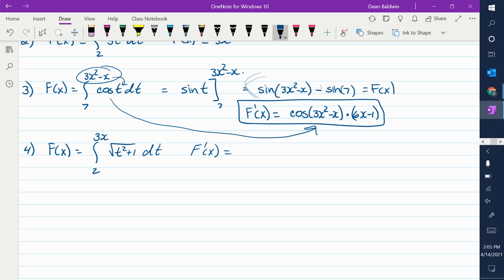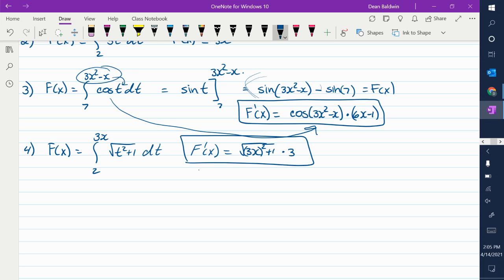What do you do? Three x goes in for your t. And then what do you have to remember to multiply by? 3, the derivative of 3x, which is just 3.